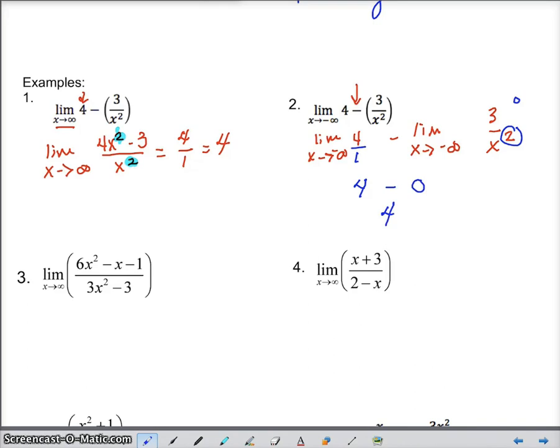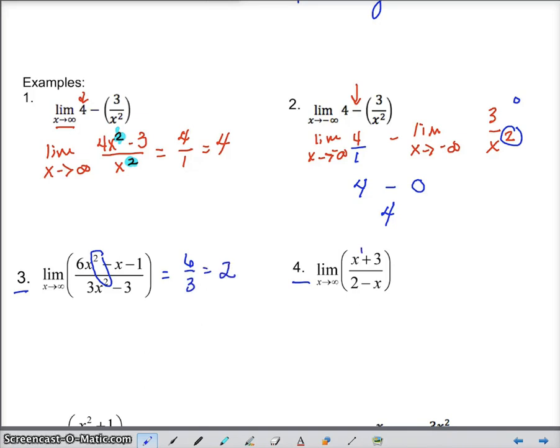Pause the screencast and evaluate the limits for numbers 3, 4, and 5. All right, let's check. In number 3, the degrees are equivalent, so the limit is the ratio of the leading coefficients, or 2.